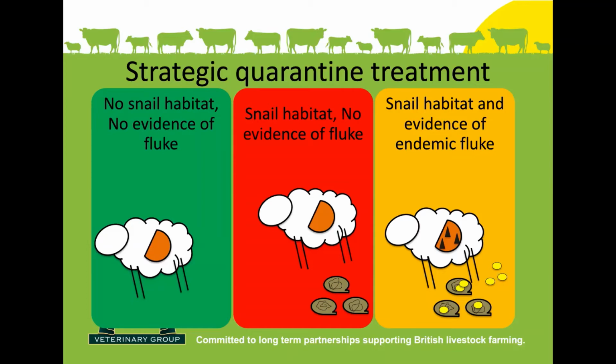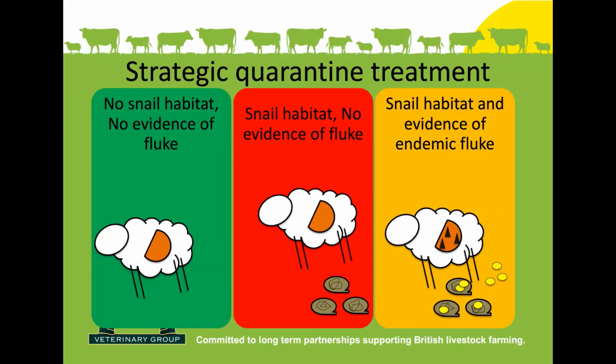So for these guys, what we're trying to do is also avoid introducing resistant fluke into the snail population. So we're not going to use triclabendazole to treat these guys. We're going to buy them in and treat them with closantel. So that's going to kill down to 5 weeks.